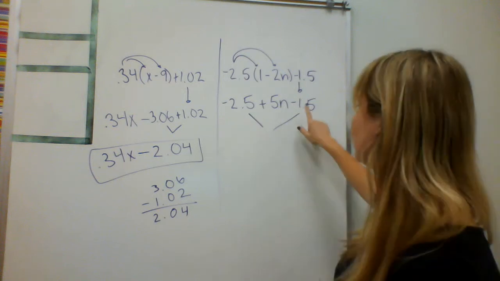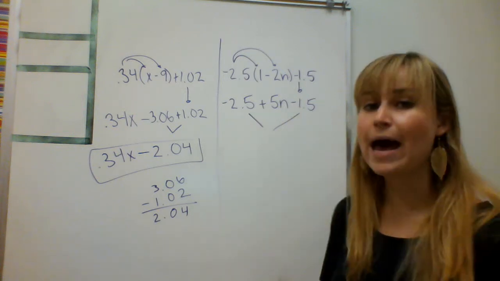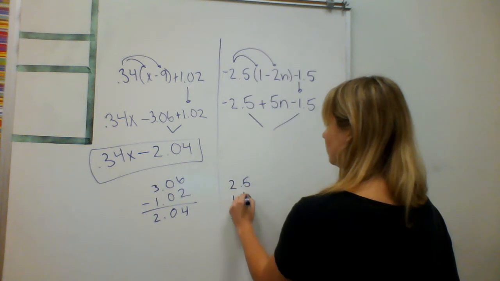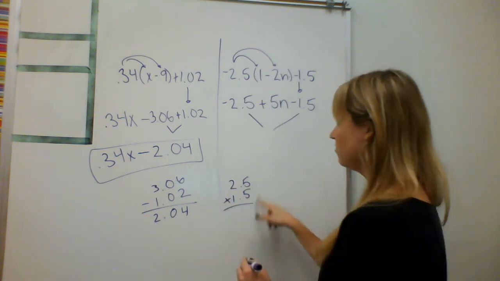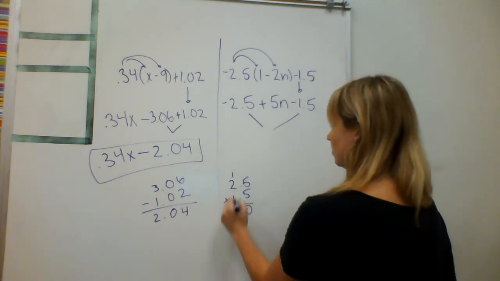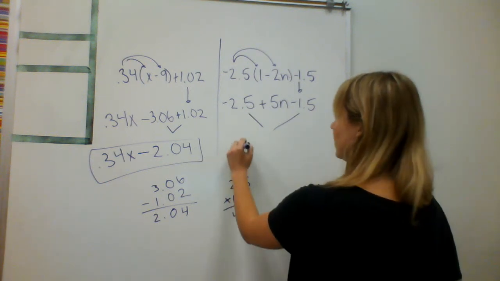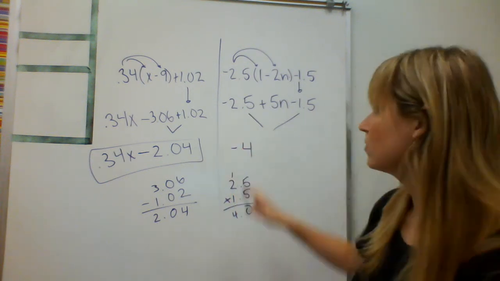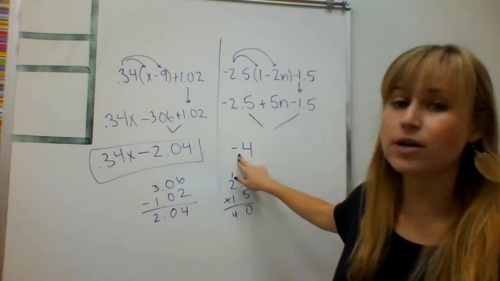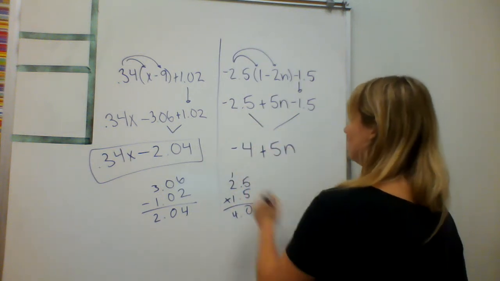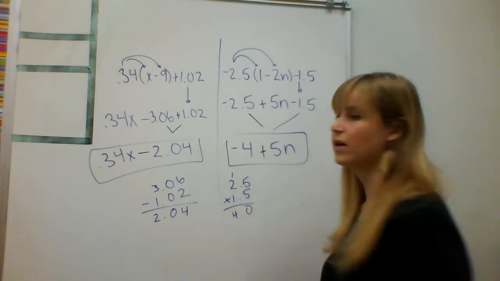I have one negative number, another negative number, so I'm going to add them together. 2.5 plus 1.5. 5 plus 5 is 10. 3, that's 4. So it simplifies to negative 4, because I have two negatives, so my answer has to stay negative as well, plus 5n. It's my final answer.